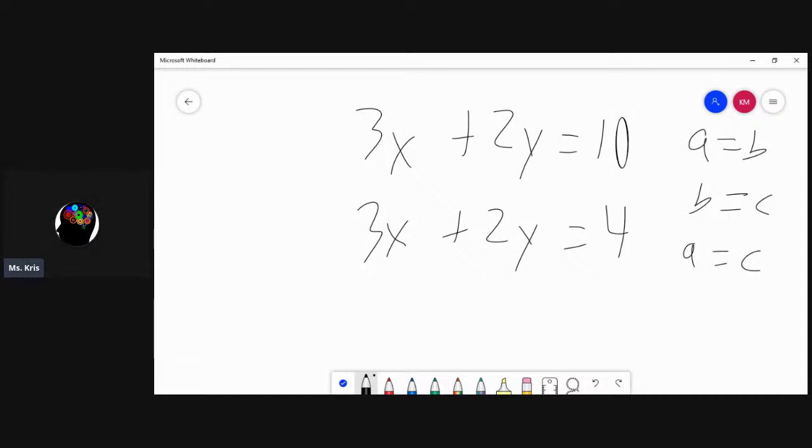So if 10 equals 3x plus 2y and 4 equals 3x plus 2y, that means 10 is supposed to equal 4. That would be a no. 10 cannot equal 4. Therefore, there is no solution to this system.